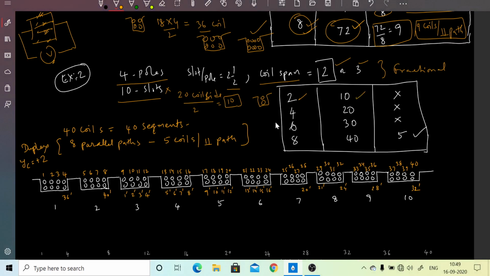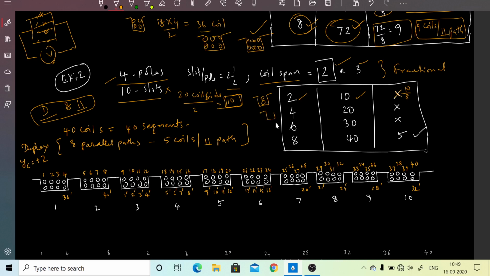So how many parallel paths we have? Again, duplex 4 pole means it will be 8 parallel paths altogether. So 10 coils and 8 parallel paths cannot be divided equally. It is not possible.